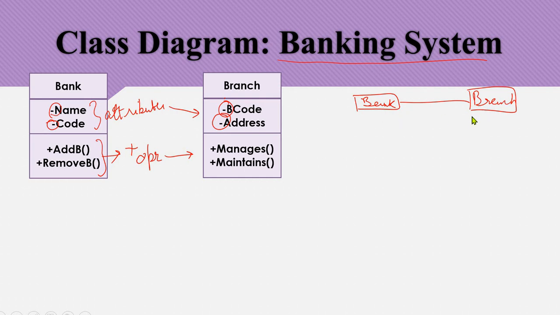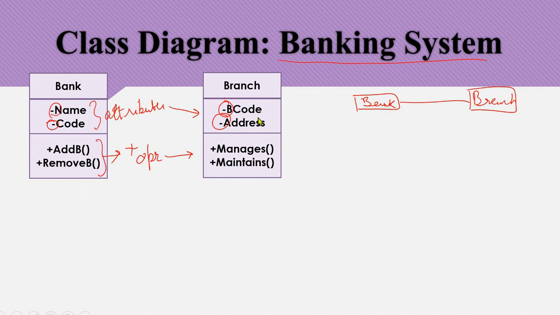They are not detailed ones. Okay, but for implementation you need to define the detailed class diagram and discuss it with your teams. Next, what type of relationship can exist between bank and branch, and what other classes can be part of the banking system? So apart from these two, we need customer, account and some other classes.